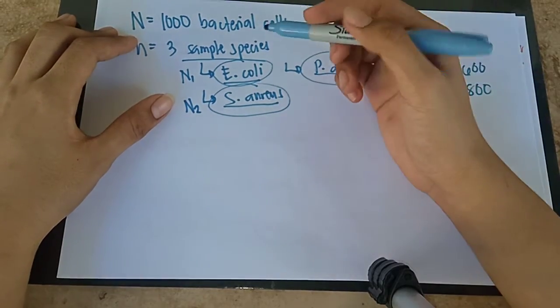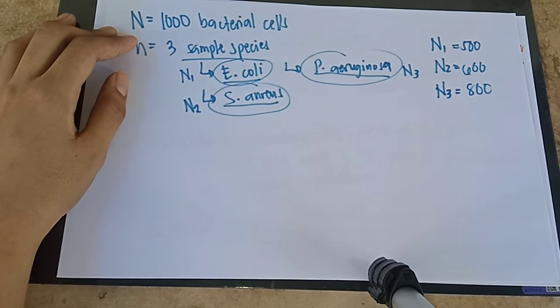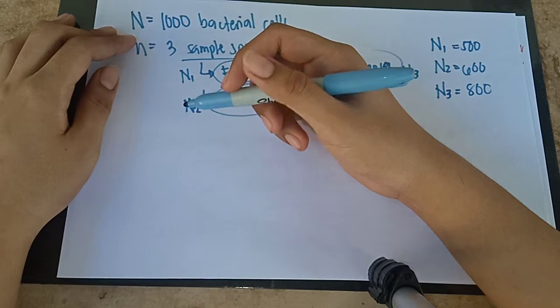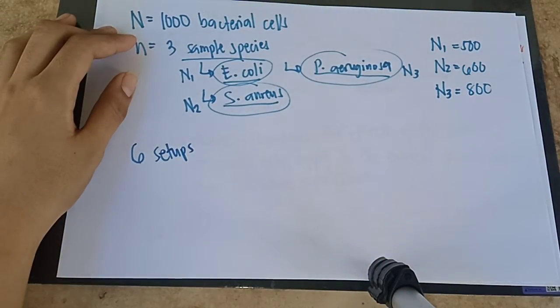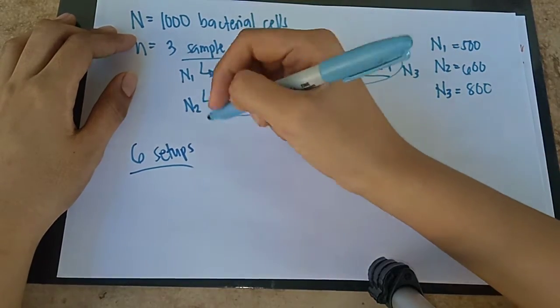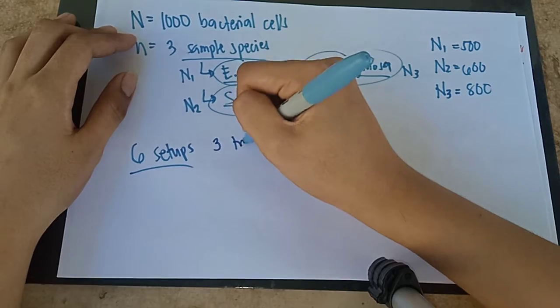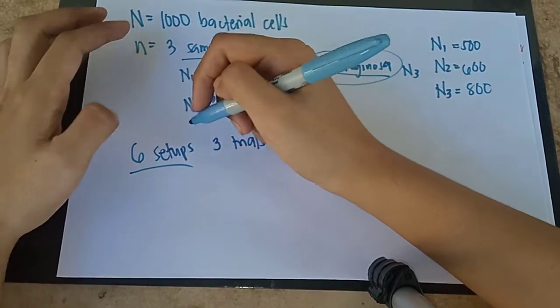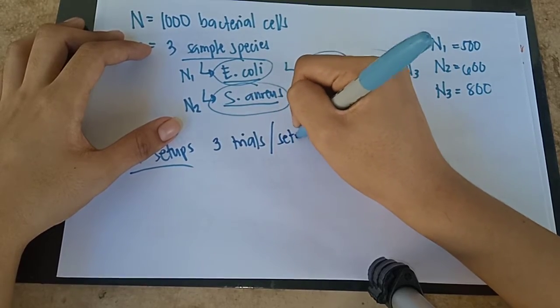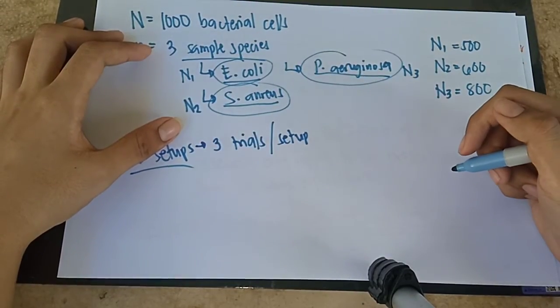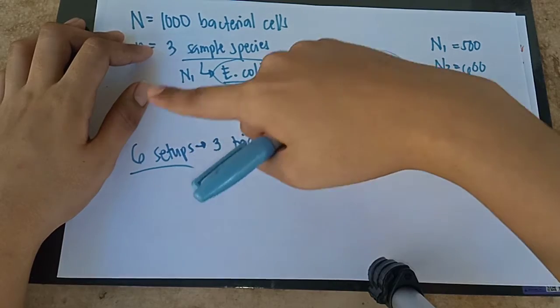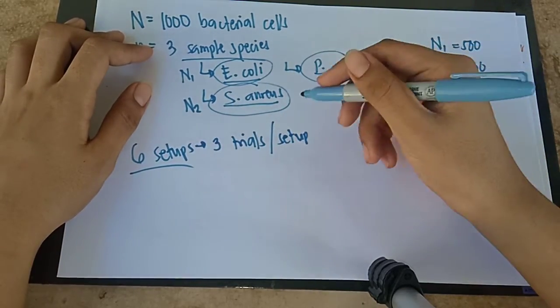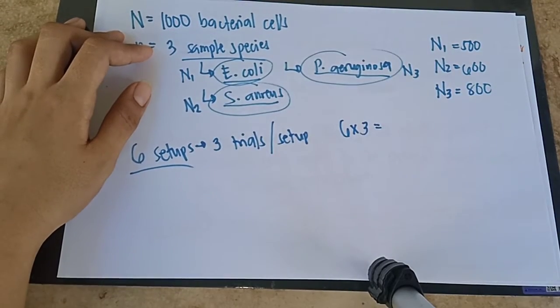However, in your quantitative research, your research design only uses 6 setups. And these 6 setups contain 3 trials per setup. So 6 times 3 is how much?